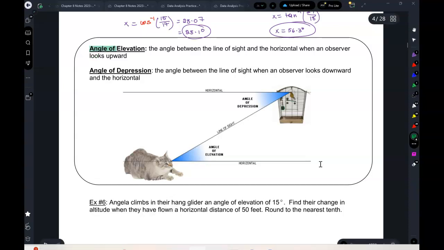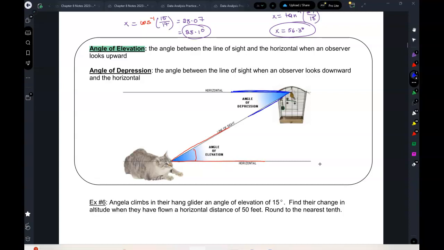Okay, so angle of elevation. So this is the horizontal line of sight of the cat. And it's looking up at the bird. That angle is called angle of elevation. Now the bird is sitting there going, there's no way you're going to catch me, right? This is the line of sight, the horizontal for the bird, looking down at the cat.